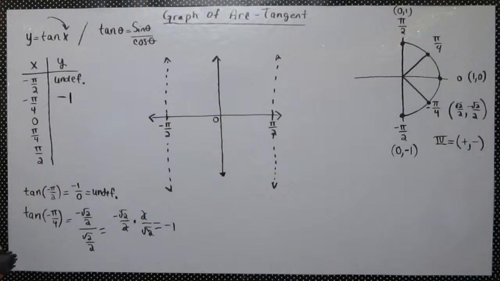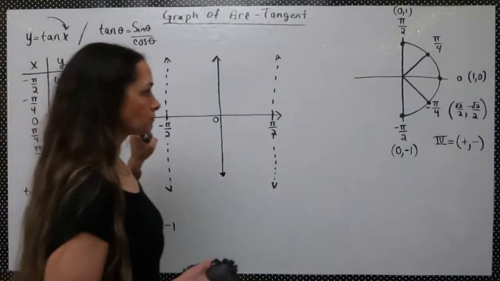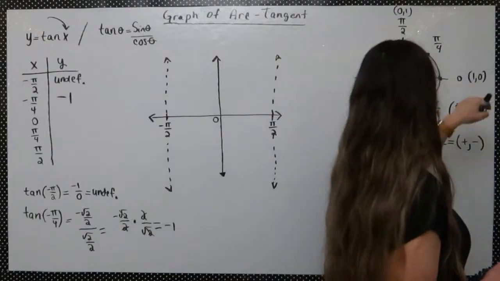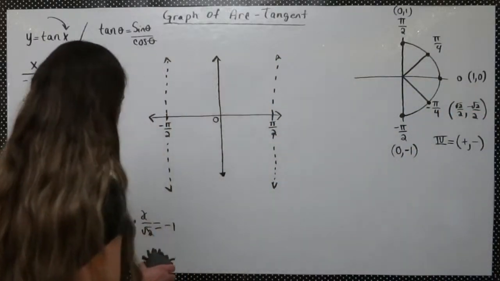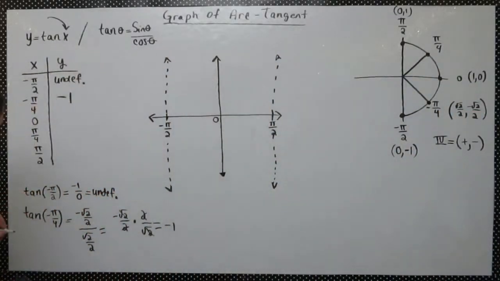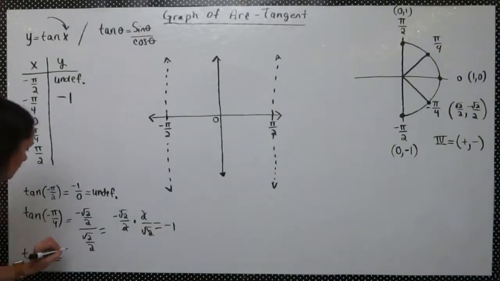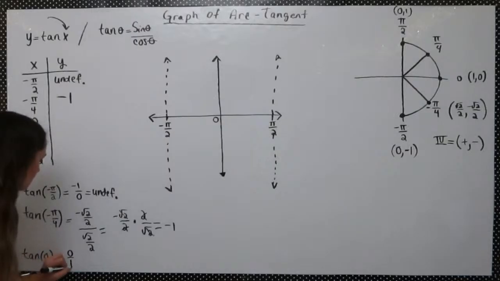Okay. And then we've got 0, the tangent of 0, right here. So we'll put this in here. I'm going to fit one more down here. Tangent of 0 is sine over cosine. So that's 0 divided by 1 now. And that's just 0.